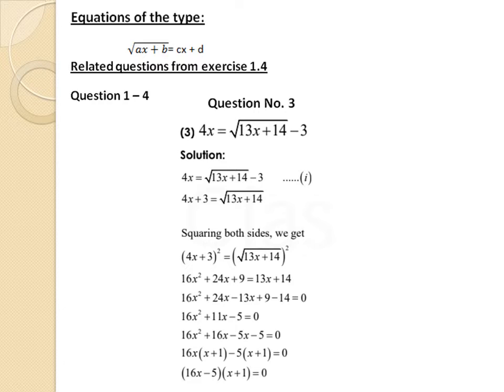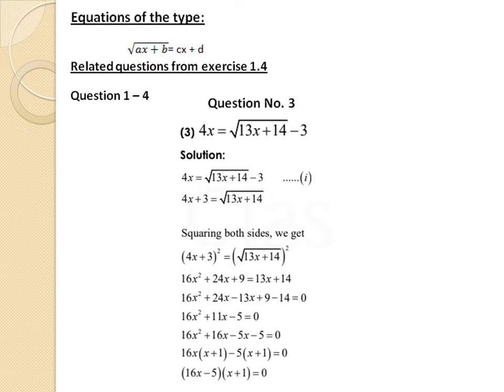Your related questions from exercise 1.4 are question number 1, 2, 3 and 4, and here I'll solve question number 3 for you. Your question number 3 is 4x is equal to square root of 13x plus 14 minus 3. When we solve it, students, we shift minus 3 from right hand side to left hand side, so it becomes 4x plus 3 is equal to square root of 13x plus 14.